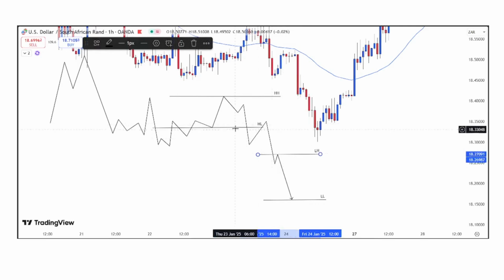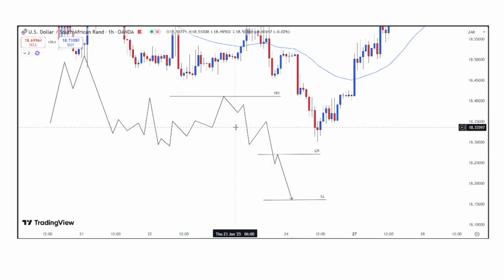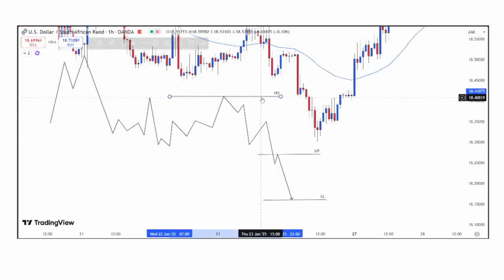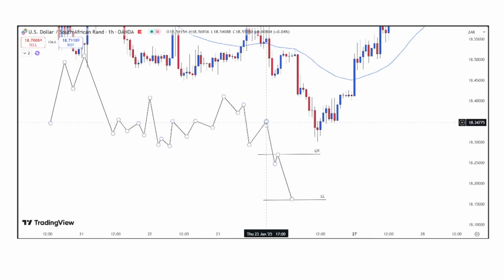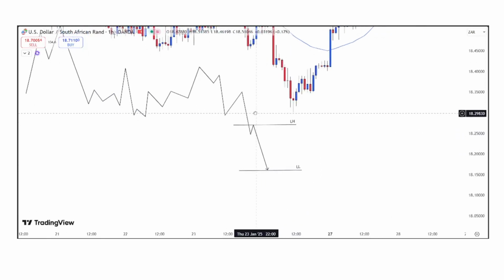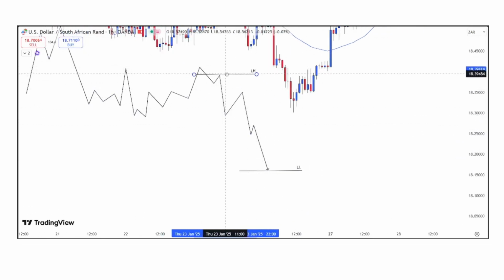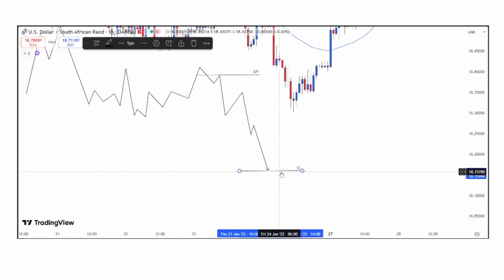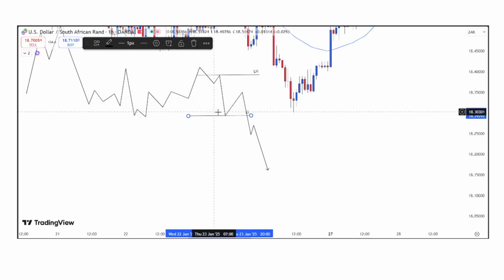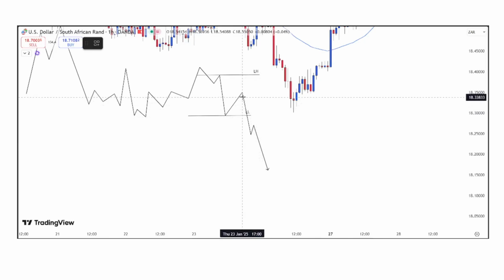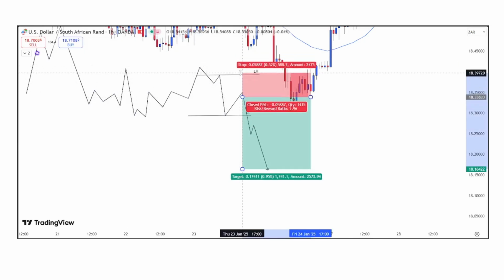I'll cover entries in another video, but essentially what you want to do is wait for a certain pattern, wait for your entry model, whatever your entry model might be, and you enter on this pullback. So for instance, if we go back to this lower high and lower low, on this pullback, if you were to take a position here, once you get your entry, your stop loss goes above there, because if price breaks above that point, it has shifted structure.